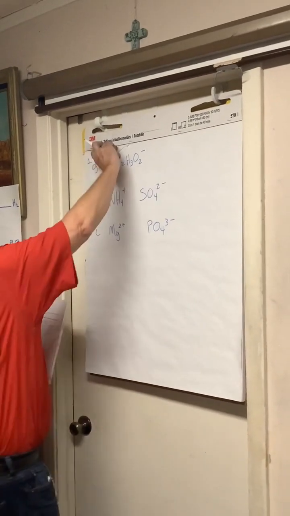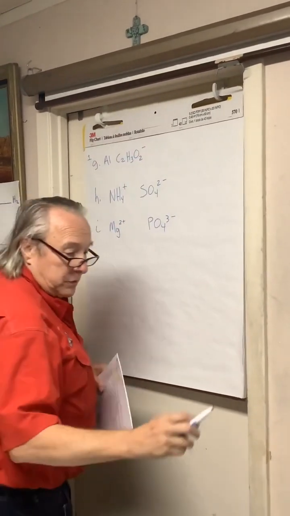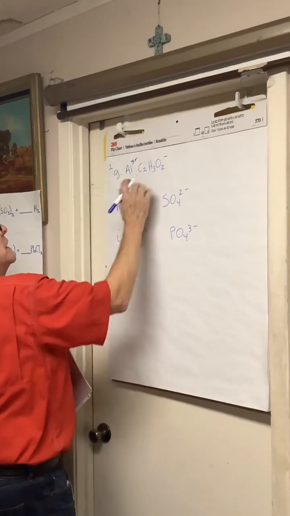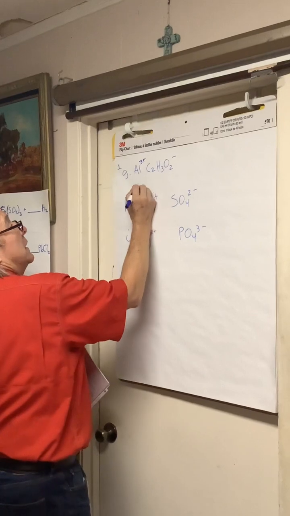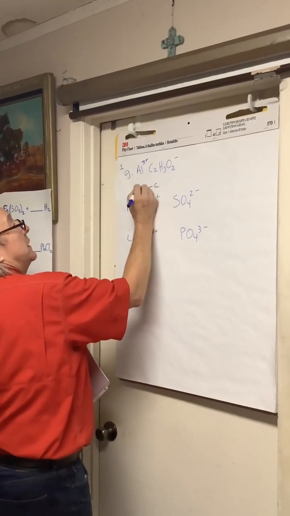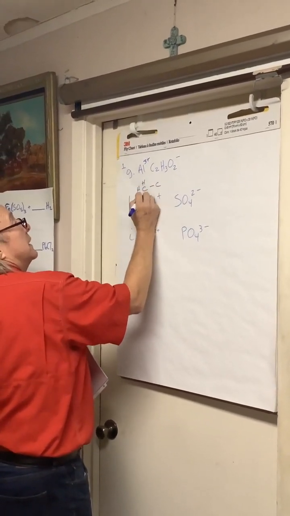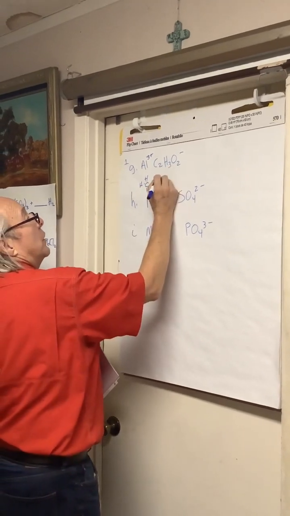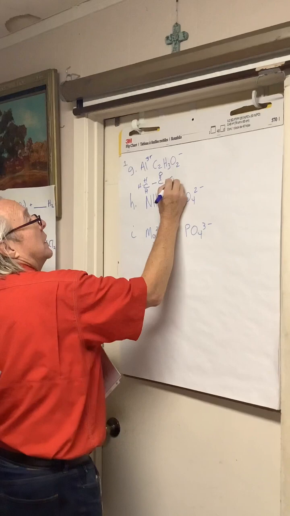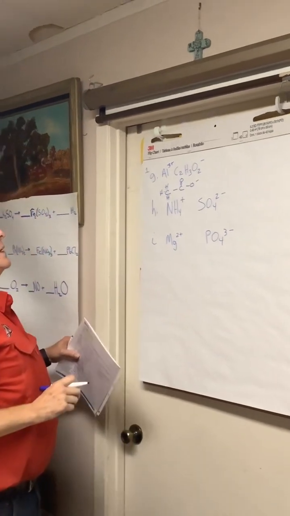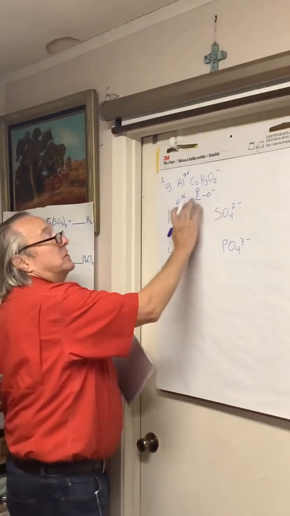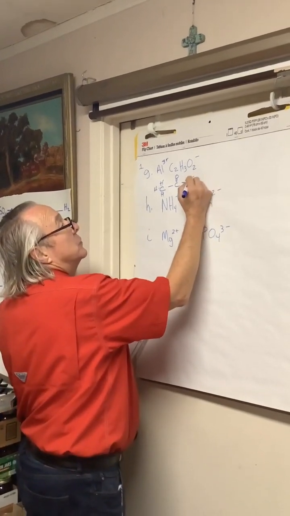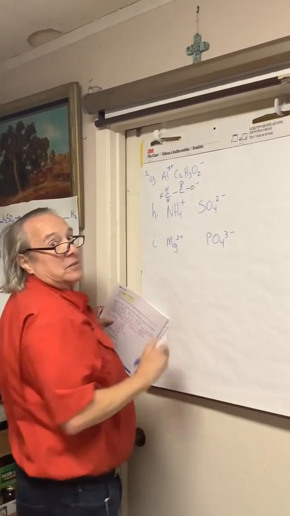So this is aluminum, again, +3, and you would have no idea what this is. This is CH3. It structurally looks like this, with 2 O's, one like this and one like that. That's the acetate anion. If I put an H here to neutralize that, it's acetic acid.